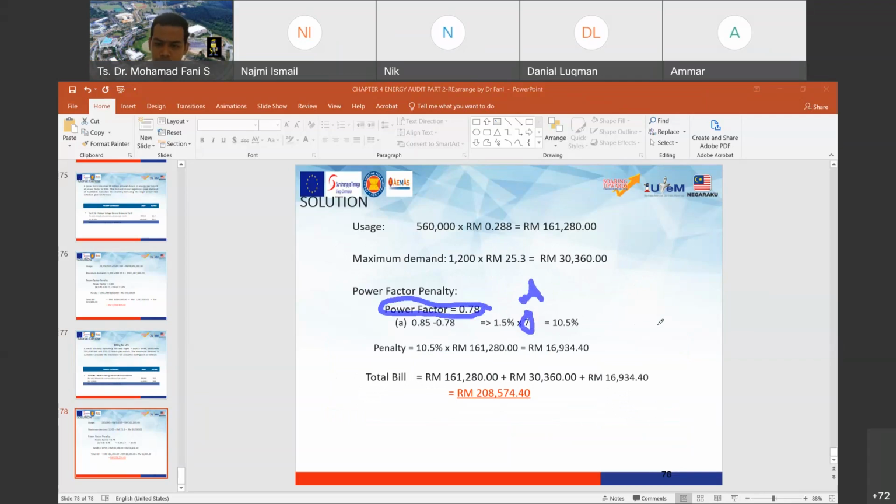So please do many exercises and go back and try to understand the power factor calculation in chapter 3 on how they charge the power factor. Okay, you got something like 10.5 multiplied with the total electricity bill plus this one. Not plus, this one. The charge for kilowatt hour.